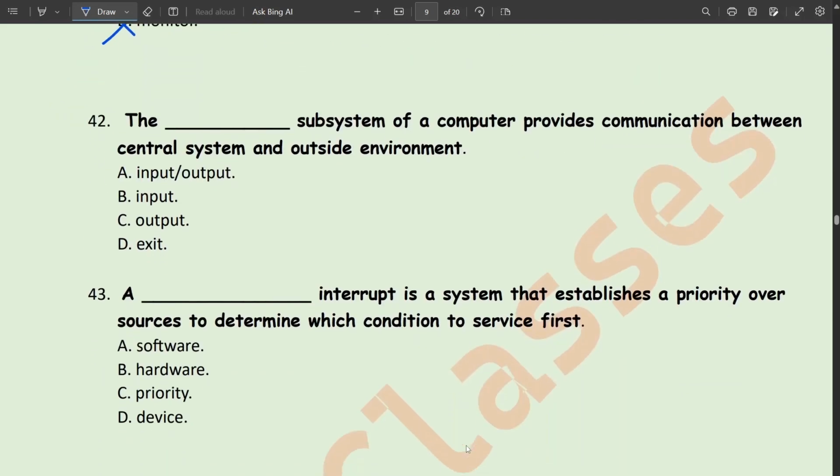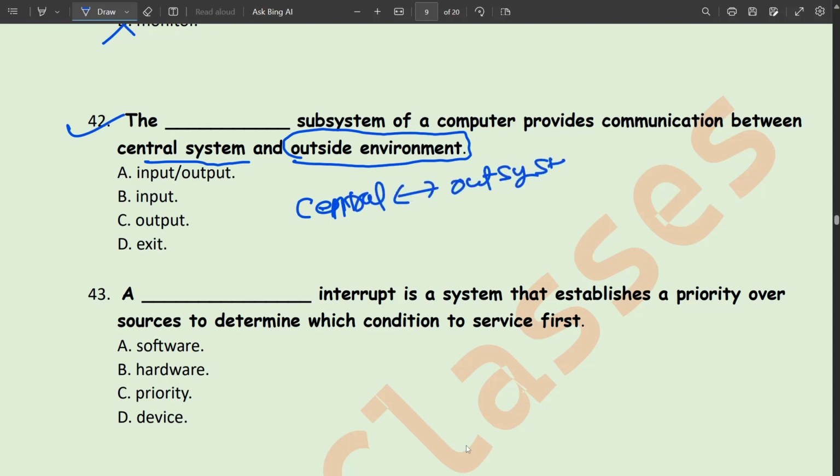Next, the subsystem of a computer provides communication between the central system and the outside system. The answer will be input, output.